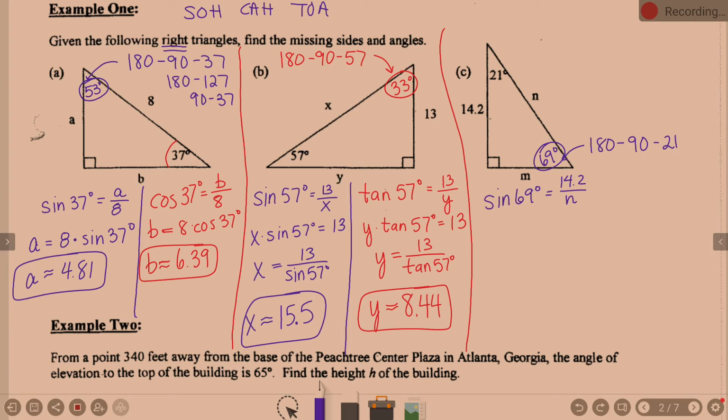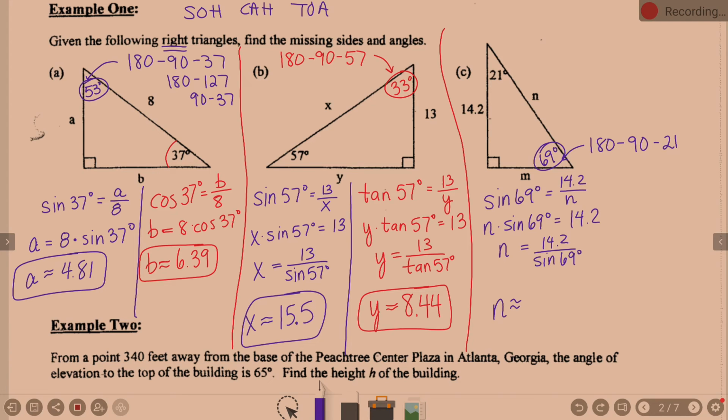So for this, if it's 14.2 divided by n, I'm going to multiply by n. So n times the sine of 69 degrees equals 14.2. If it's n times sine of 69 degrees, I'm going to divide. 14.2 divided by sine of 69 degrees is what I ended up with.